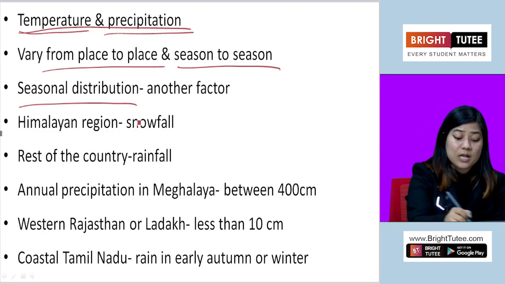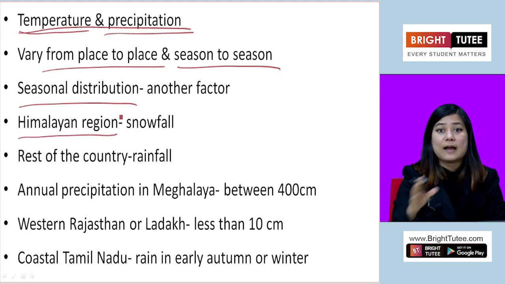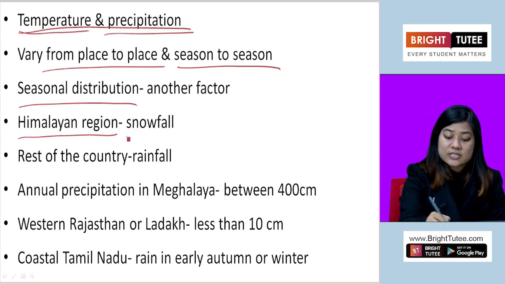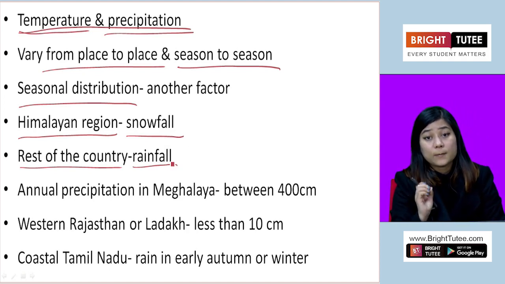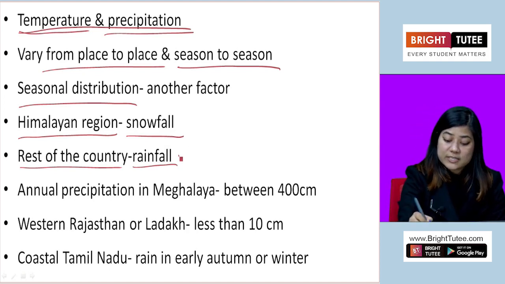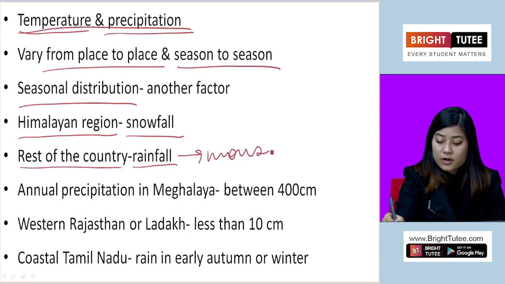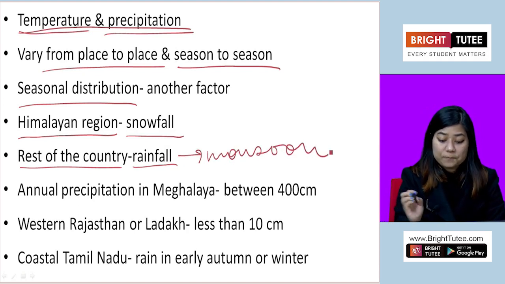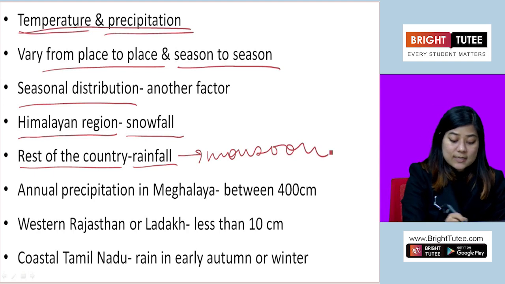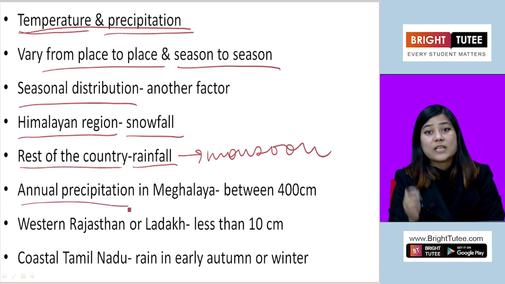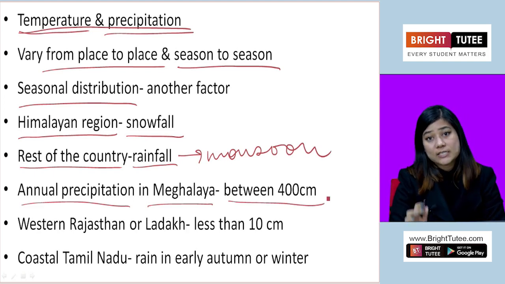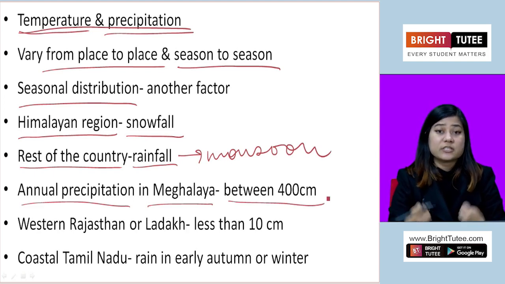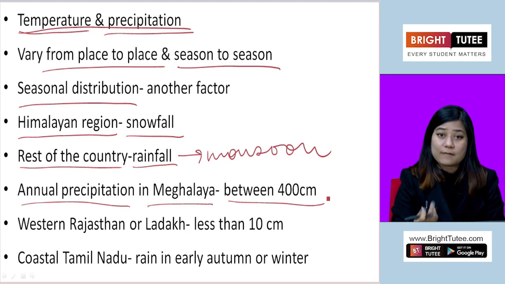So for example, the Himalayan ranges receive snowfall, but the rest of the country does not receive snowfall, it receives monsoon rainfall. Likewise, the annual rainfall that Meghalaya receives is around 400 centimeters, which means heavy rainfall every year.